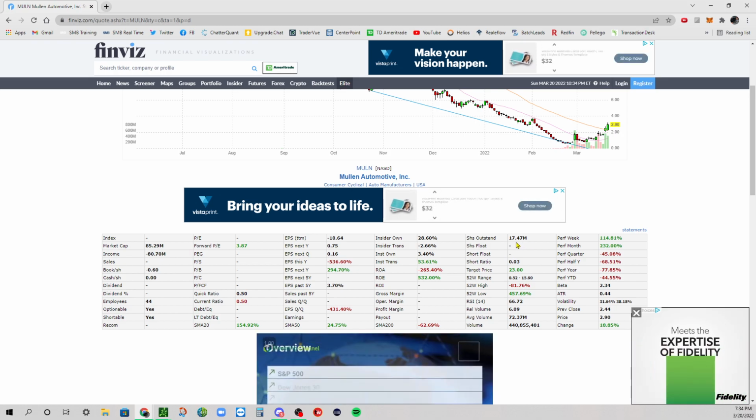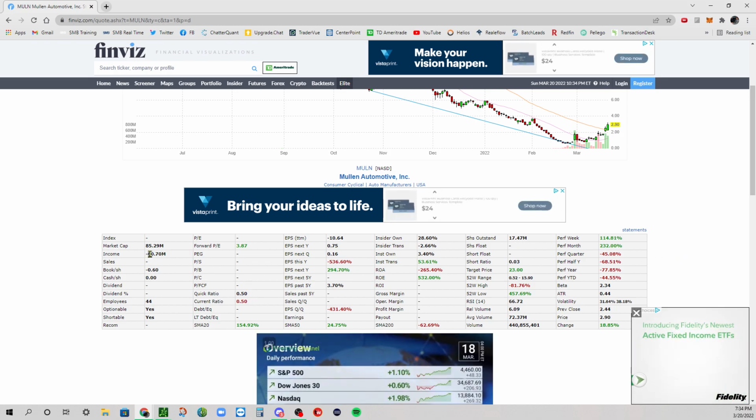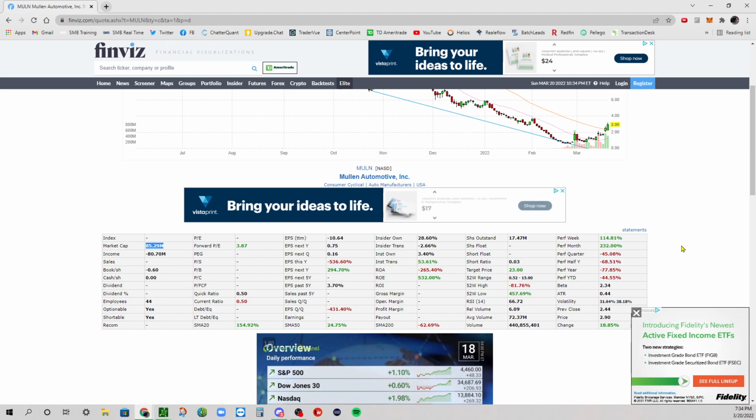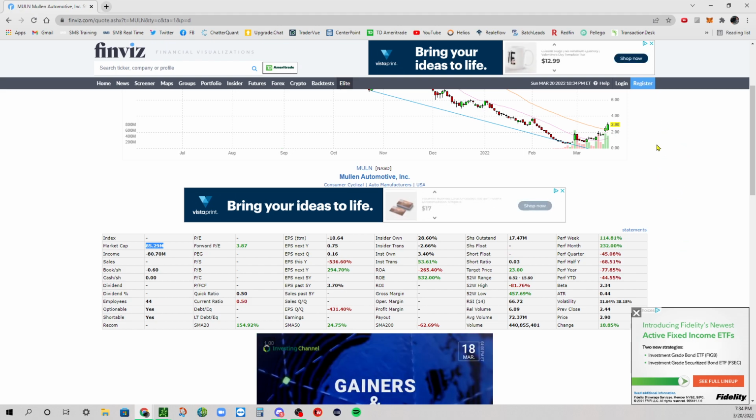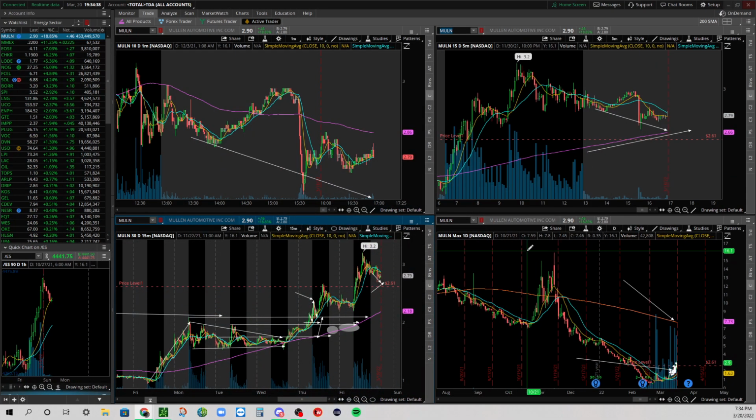I like it below 10, but you can move an 85 million dollar market cap pretty easily, right? One hedge fund can put in 100 million and this thing skyrockets. Okay. So yes, MULN is good, and then we have an upside of potential 770 to the 200 daily average.